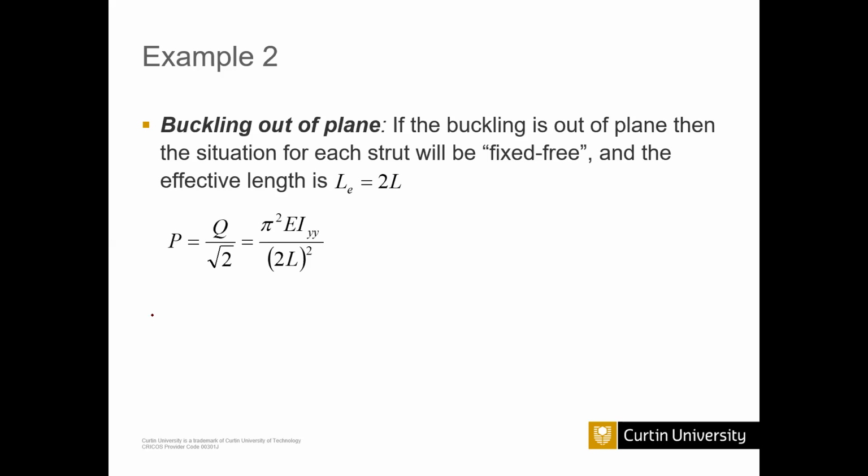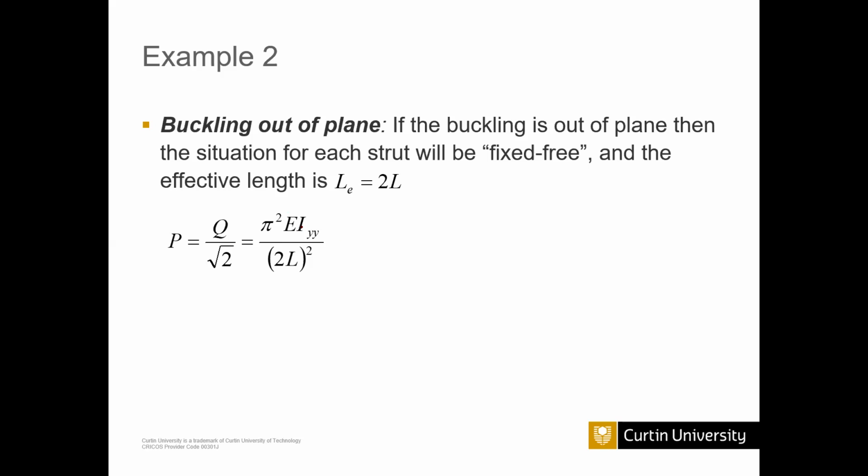So then you know the P value. One column will carry this load. So you know the Iyy value. Here you don't need to find the radius of gyration or anything else. If you know the second moment of inertia, you just use the equation as it is.